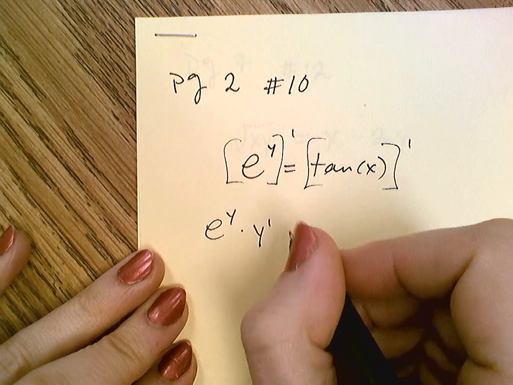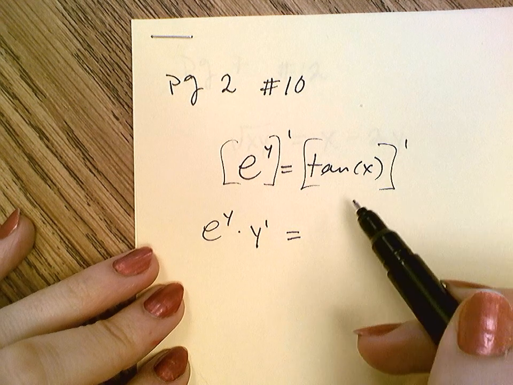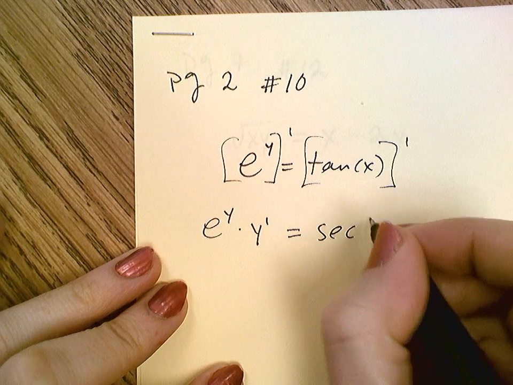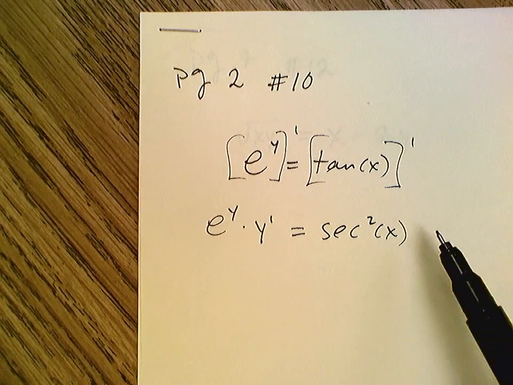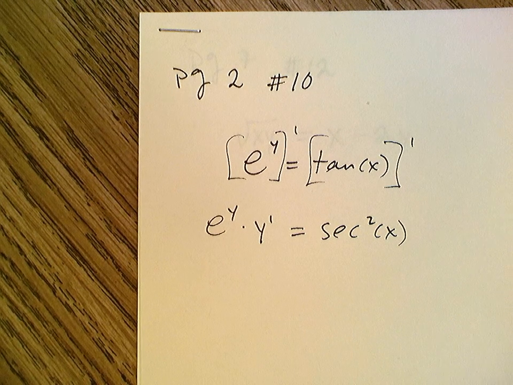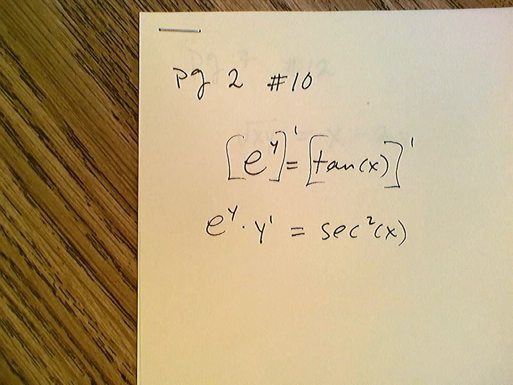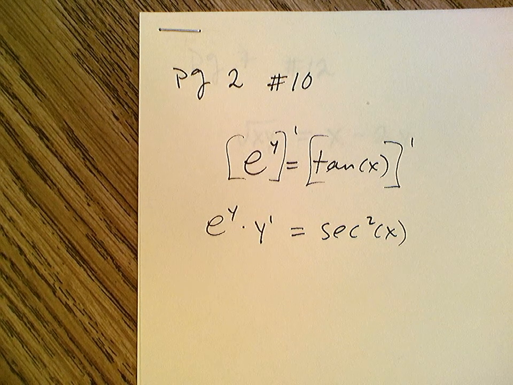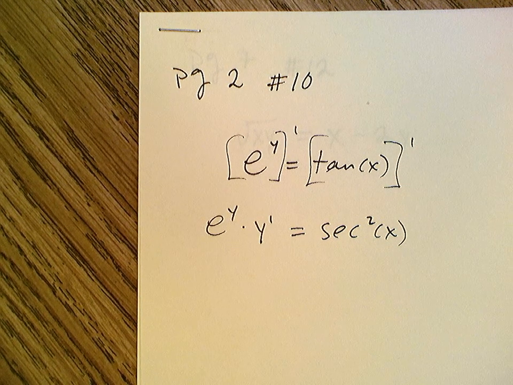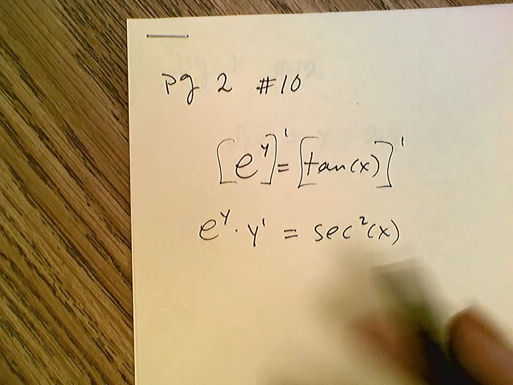And then this is equal to the derivative of tangent of x, which is secant squared of x, times dx dx, which is just 1. So you only really have to write in the dy dx's. You don't have to write in the dx dx's anymore. And then I just need to solve for y prime.